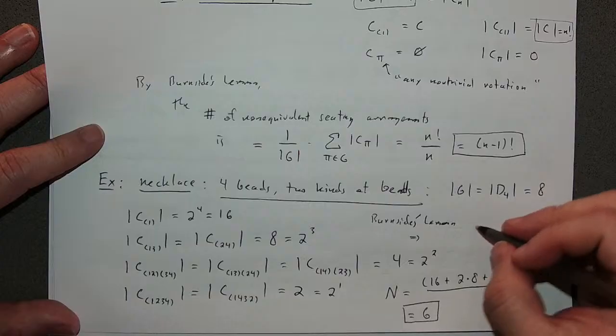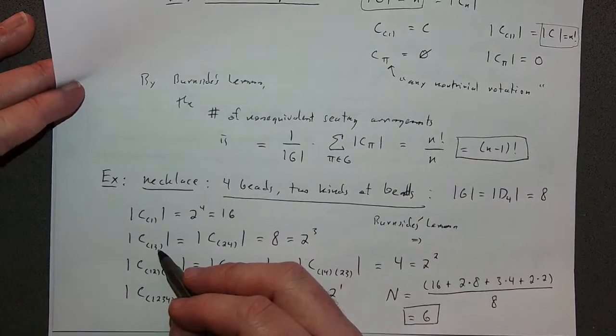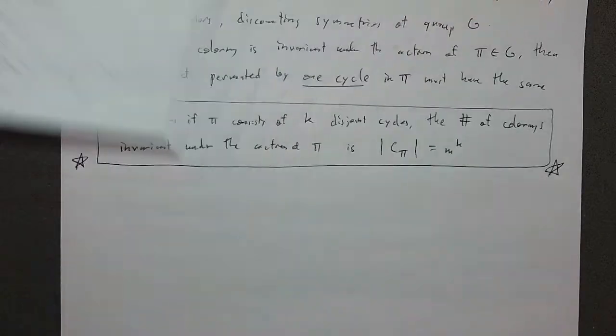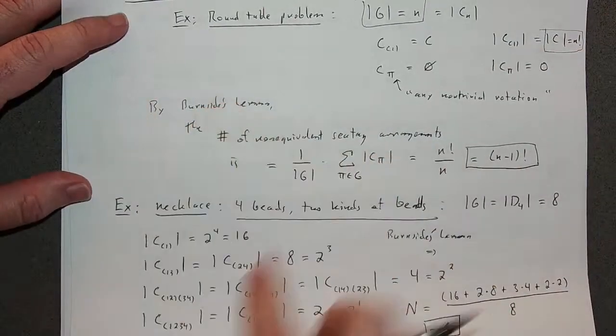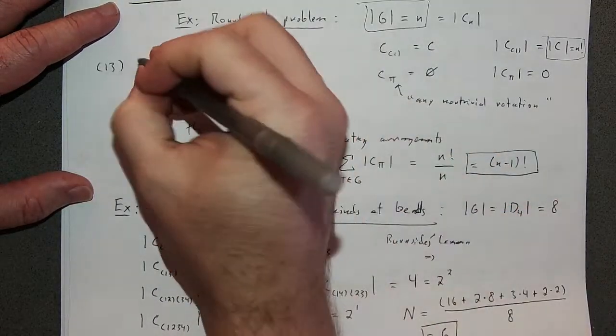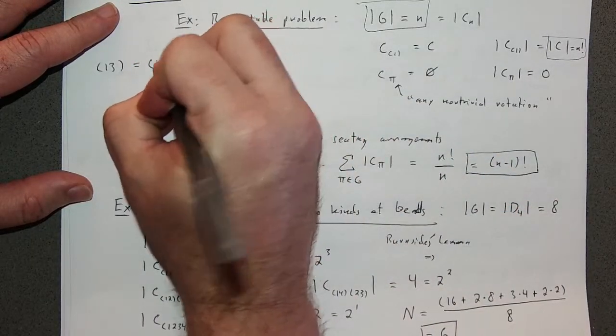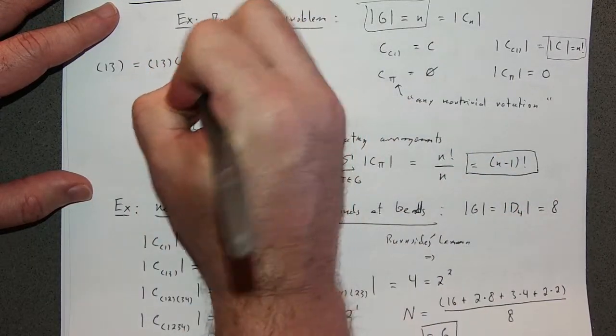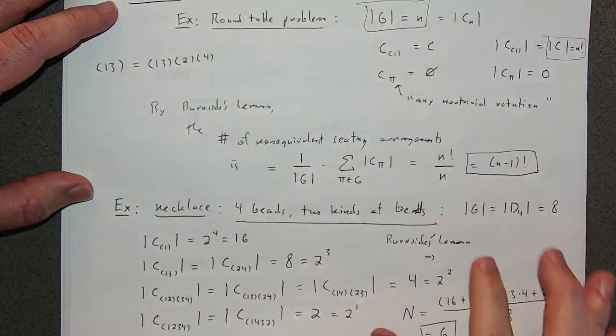1 to 3. I'll just do it up here since we're not going to use this sheet again. 1 to 3 is really a cycle with the one cycles included.